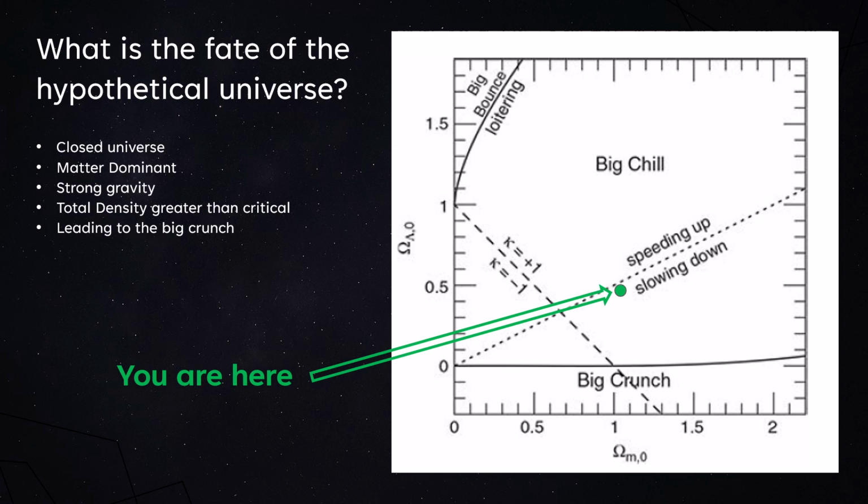Now, what this implies is that gravity will eventually overcome expansion, causing the universe to collapse back into a singularity. So even though there is dark energy in our hypothetical universe, it never really dominates. So gravity eventually wins.